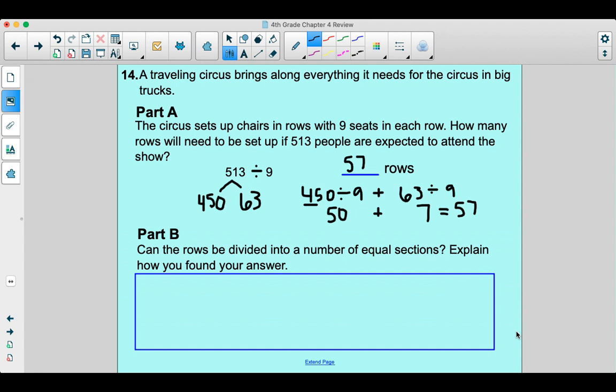All right, well, we would need 57 rows. I'm trying to make this picture in my head, right? So can 57 rows be arranged into equal sections?